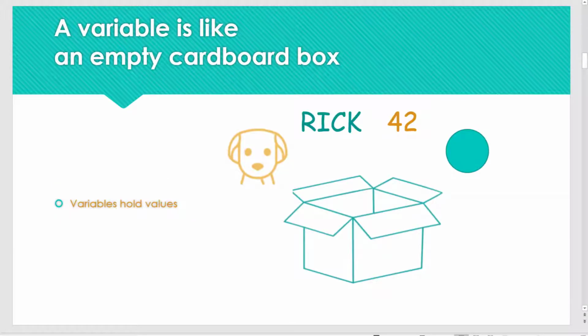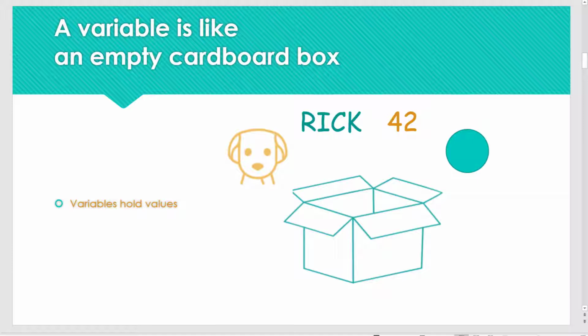Conceptually, I like to think of a variable like an empty cardboard box, and you can put lots of different things into a cardboard box. A stuffed puppy, a ball, a piece of paper with a name on it, or a number, or 42 paper clips. Boxes are kind of magical because you can put lots of different things into them.